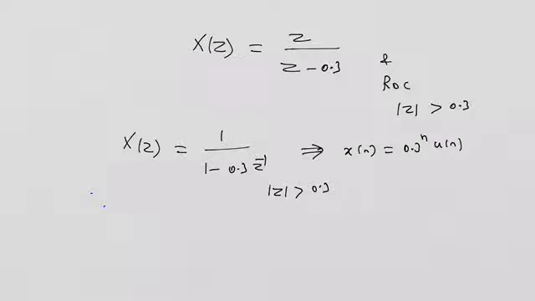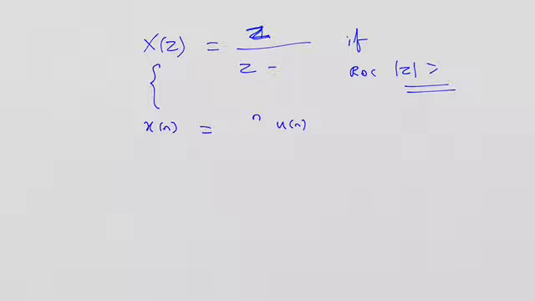So based on that theory, this must be the z transform of the sequence 0.3 power n u of n, right? Similarly, I'll give you one more example. X of z is equal to z divided by z minus 0.7, where modulus of z is greater than 0.7 is its ROC.